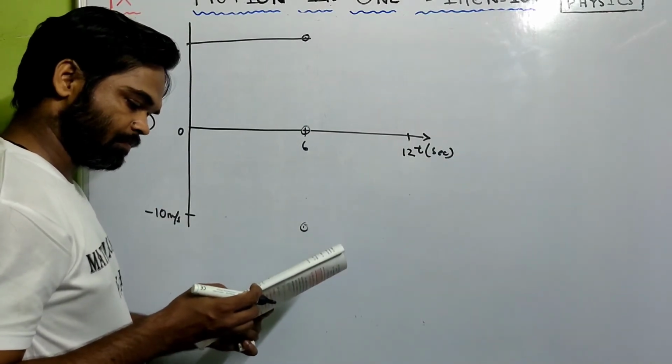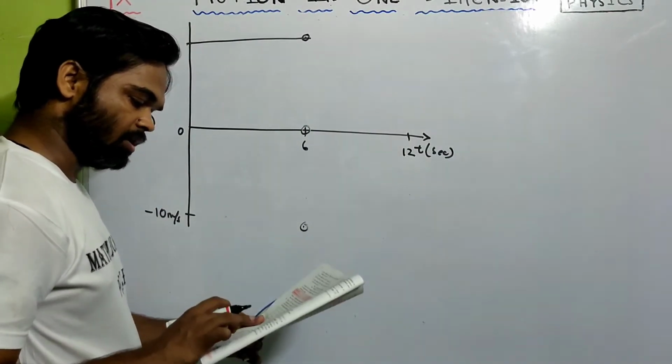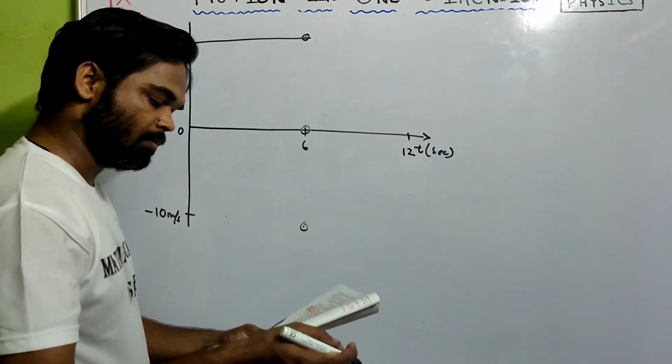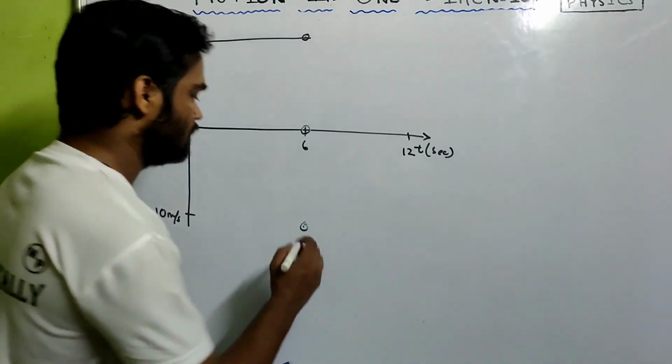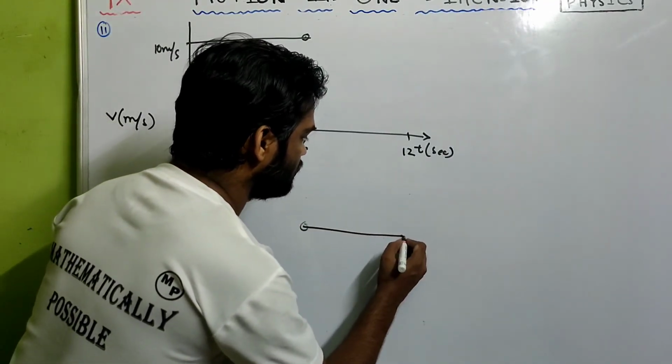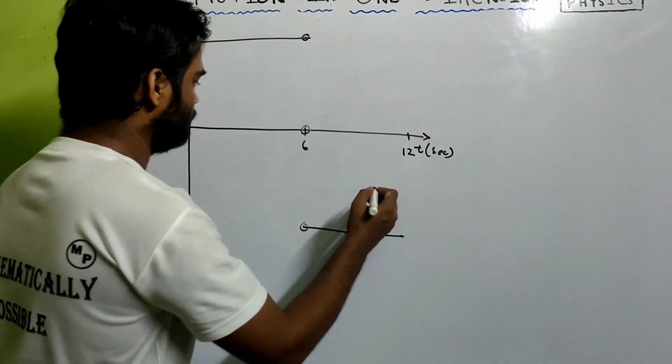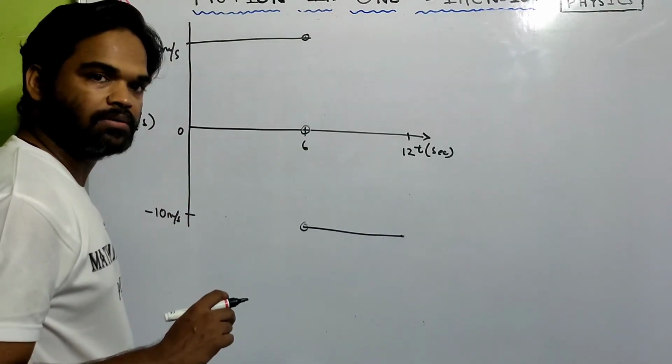At t equals 6 seconds, the ball hits the wall and comes back along the same line to the starting point with the same speed. Which means now after 12 seconds, it will come to its initial point.